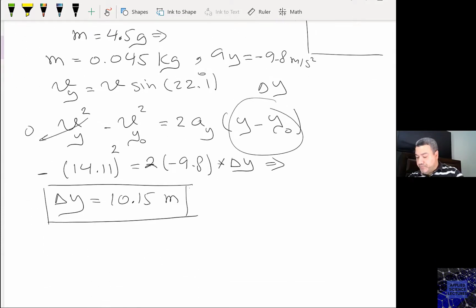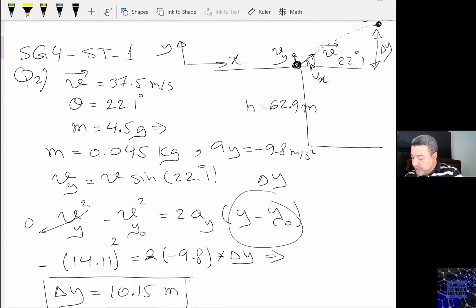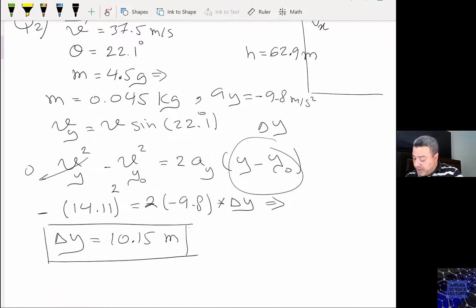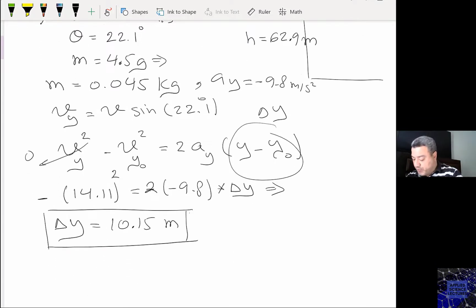Now I have delta y, which basically is the magnitude of my displacement, and this displacement is pointing in the positive y direction. Now the gravitational force of this ball is pointing downward.